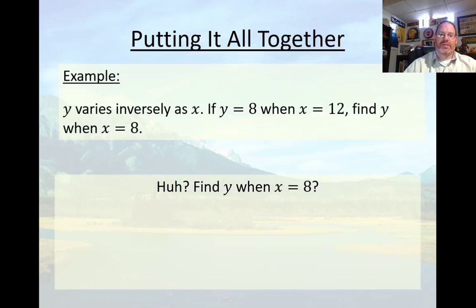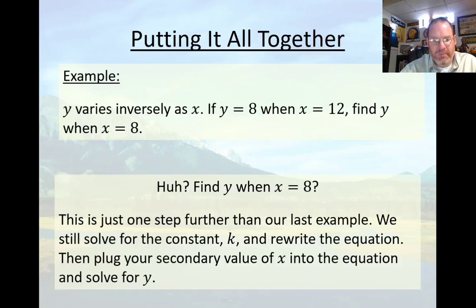So how are we supposed to figure out what y is if we don't even know what k is? Well, we can figure out k based on that first information, and then use that to figure out what y is when x equals 8. So we're doing the exact same thing that we did in the previous example. We're just taking it one more step.